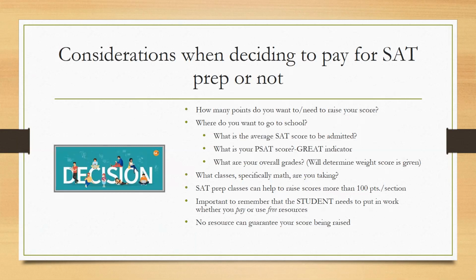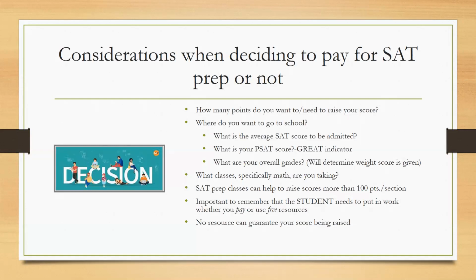So when you're looking at your PSAT score from fall of your junior year, how many points do you want to or need to raise your score? You may have a personal goal. You may be working with a teacher or someone who says, I think you should get X score. You're looking at, and we'll get into this in a minute, colleges and universities and what their average admittance scores are.